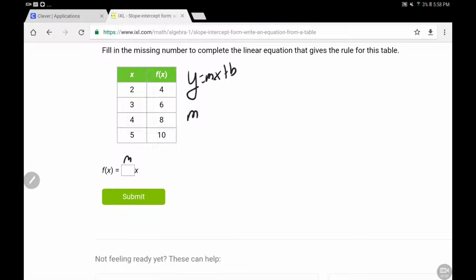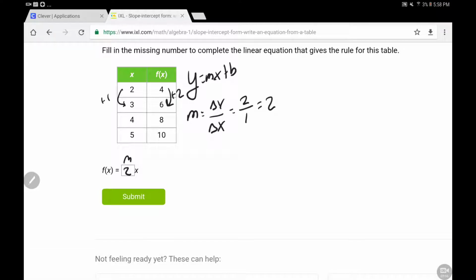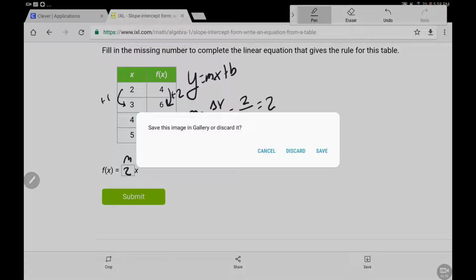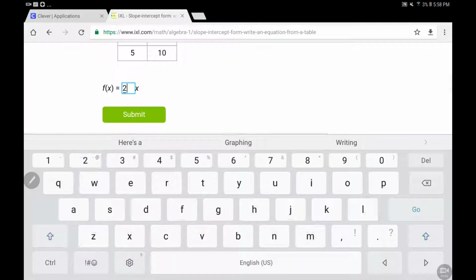All m is the change in y over the change in x. So 4 to 6 is 2. 2 to 3 is 1. So we get 2 over 1, which is 2. So all that's going to go in your box is 2, because the slope's 2. Alright, so just type that in, you get it.